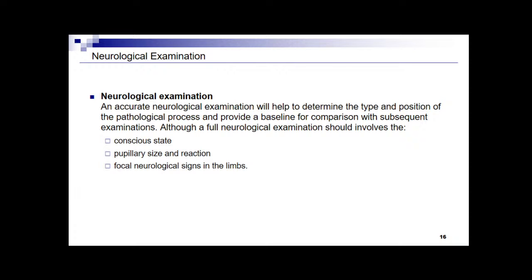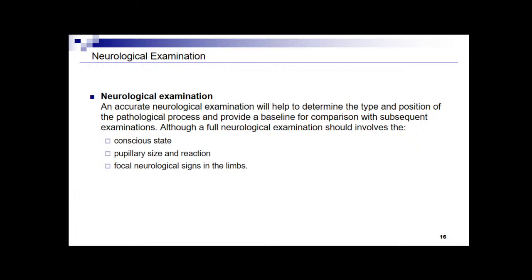So, the functions of the neurological examination are to assess the primary initial state of the patient, to determine the severity of his consciousness disturbance, the type and localization of the pathological focus in the brain, and to create a baseline for comparing the patient's state in the post-traumatic period.